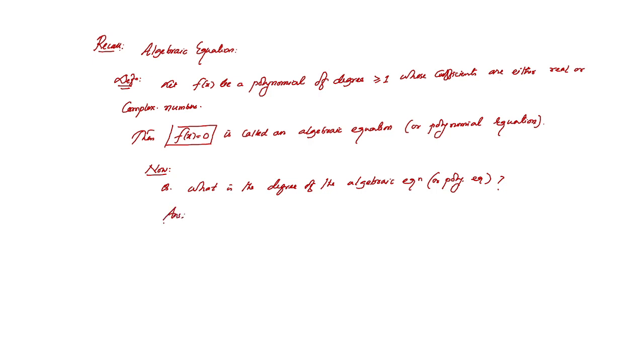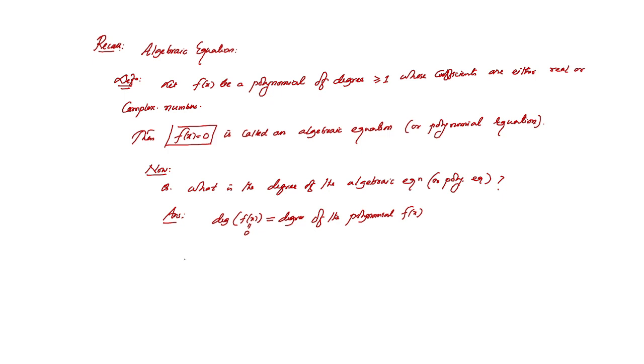So the simple answer is, the degree of the algebraic equation f(x) equals the degree of the polynomial f(x). So the degree of f(x) equals 0, that algebraic equation, is the degree of the polynomial.